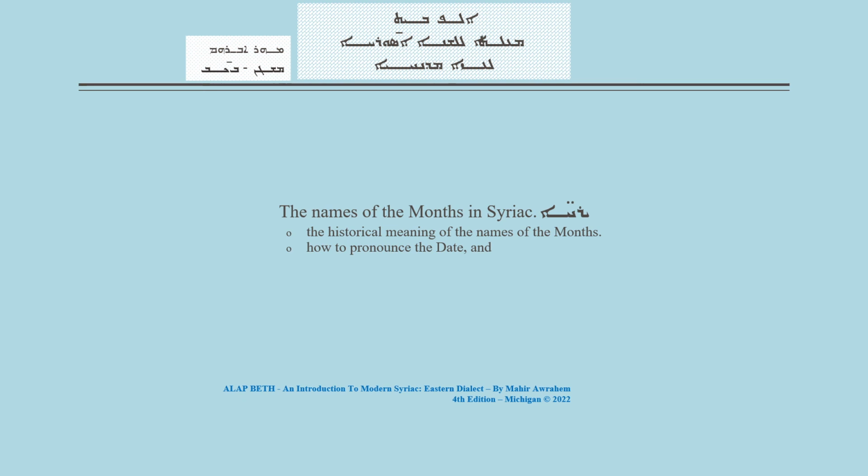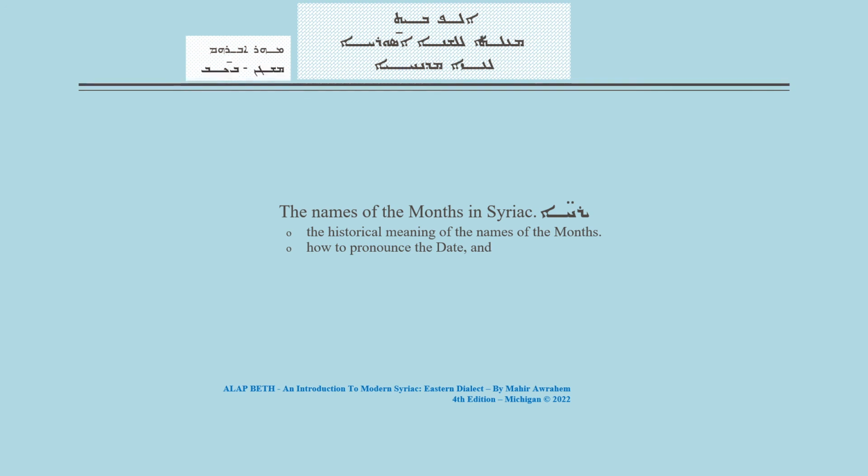Also, Syriac people use the numeric value of the month, as in the international date. When we use the number to represent the month, we use the international months, starting from January. So January is the first month, February the second, and December the 12th.